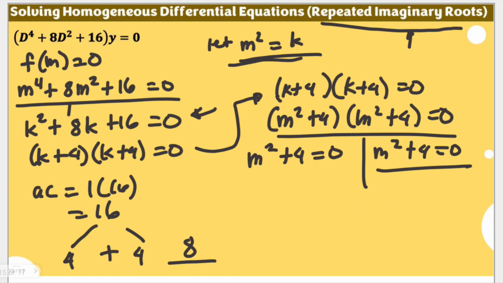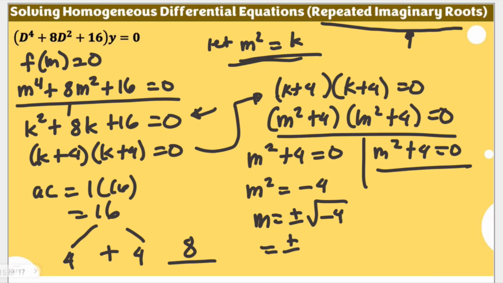But for the imaginary part, let's illustrate that. We have m squared equals negative 4. Of course, when you take the square root of both sides, m is plus minus square root of negative 4, which is plus minus square root of 4 times negative 1, which is plus minus 2i, where the square root of negative 1 is i.